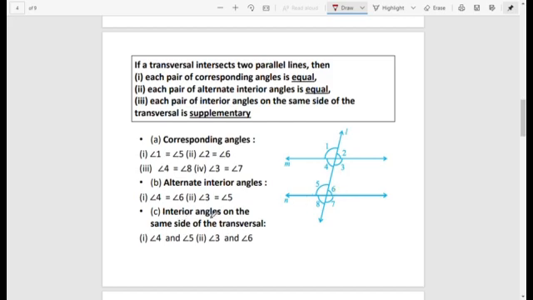Next is the interior angles on the same side of the transversal. So 3 and 6 are the interior angles on the same side of the transversal. So here angle 3 plus angle 6 will be equal to 180 degrees.